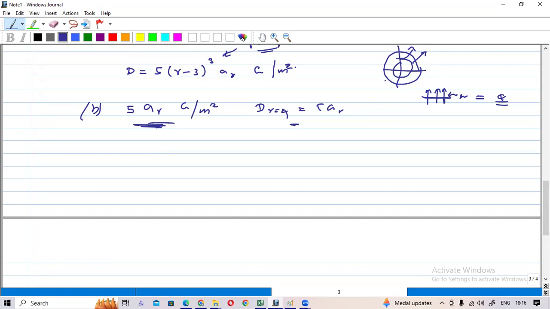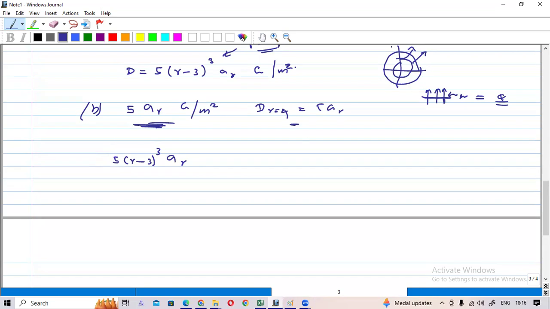The flux density is given. The flux density is 5(r minus 3) to the power 3 aR, this is the surface flux density.